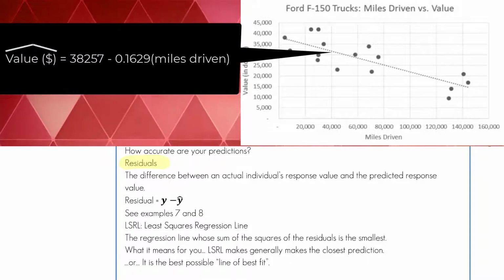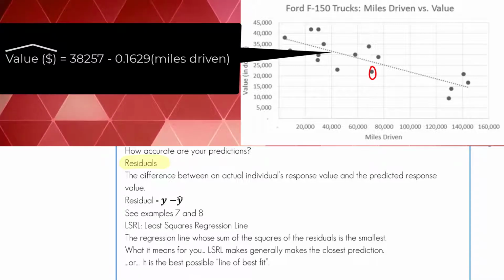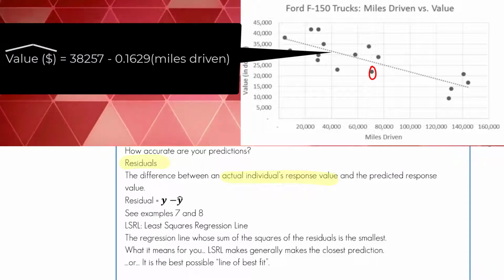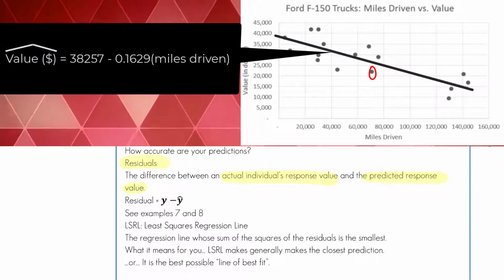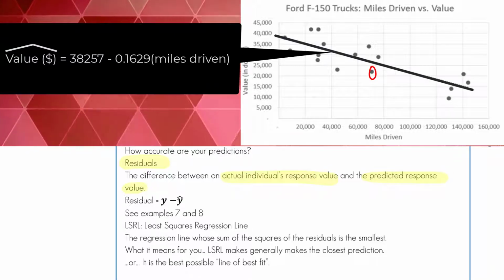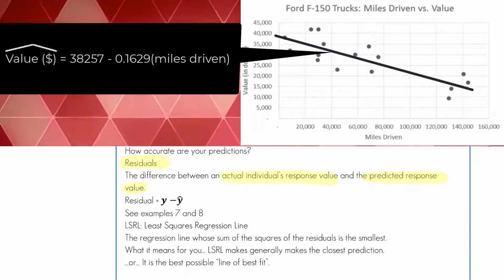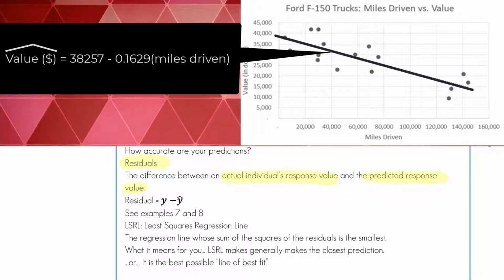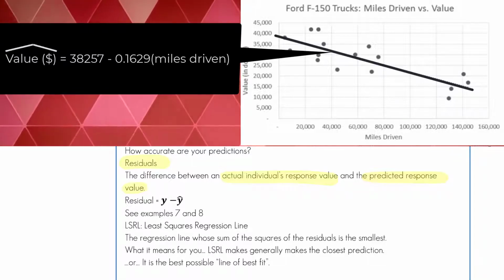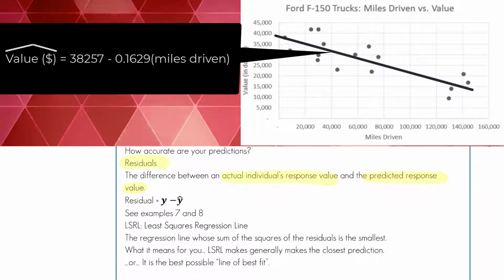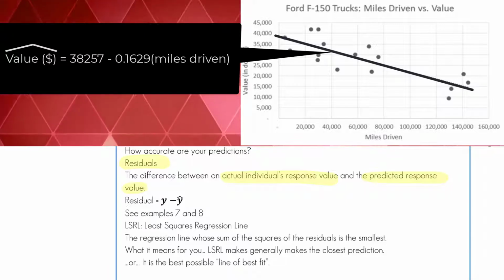Basically, they are the difference between an actual individual's response value and the predicted response value. It's the vertical space between an actual individual's y value and the line. So it's just that vertical distance from the dot to the line. That's it.